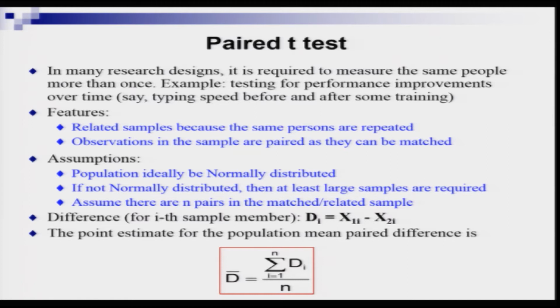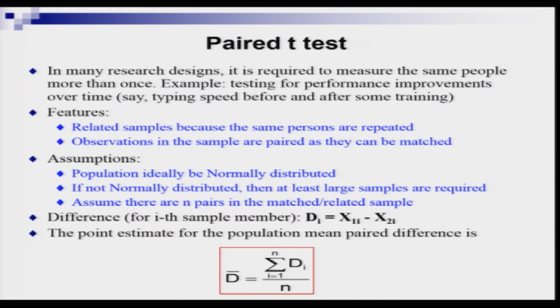If you send some 10, 15 or 20 staff for the training program, there is a before training mean typing speed, and then there is an after training typing speed. You may be interested to see whether there is any improvement in the overall mean typing speed for this group of staff. So here you have to apply the paired t-test.